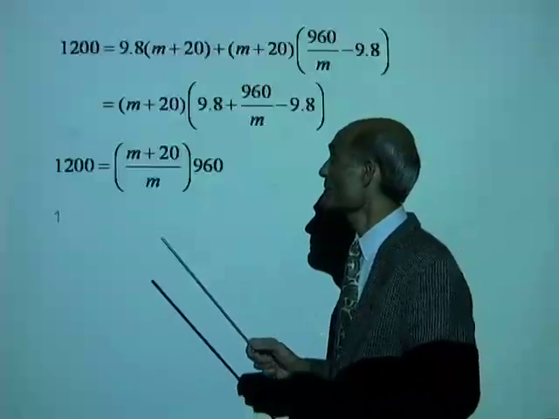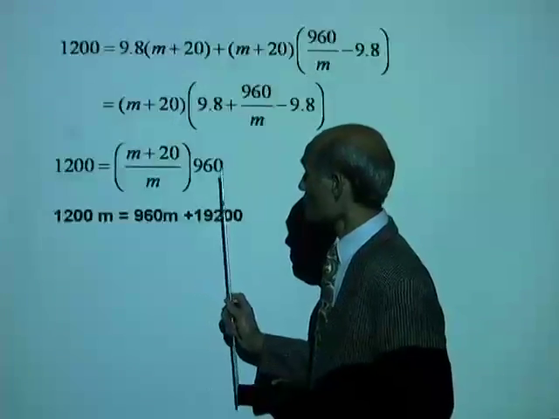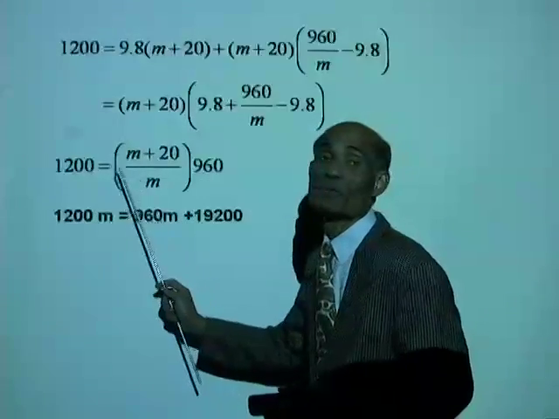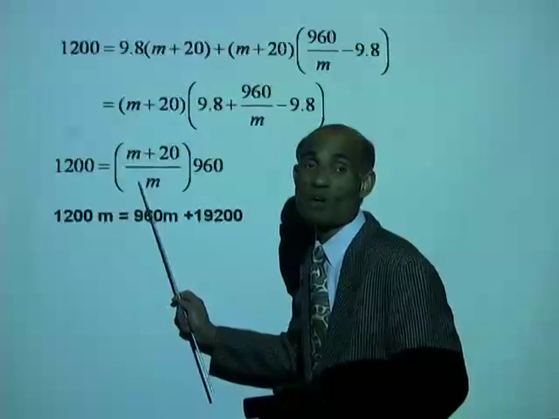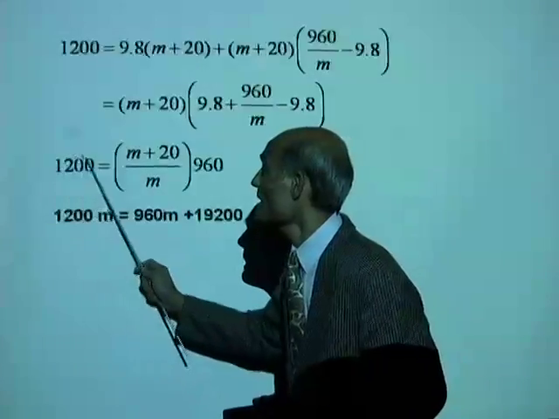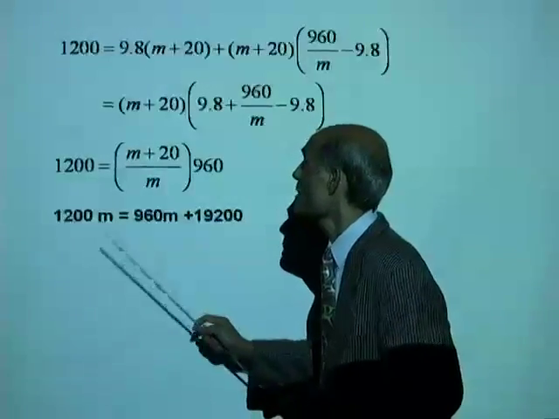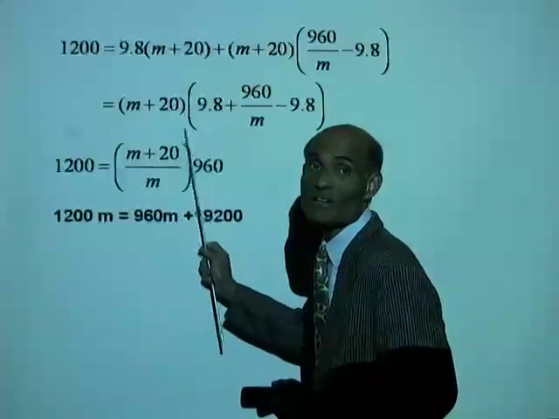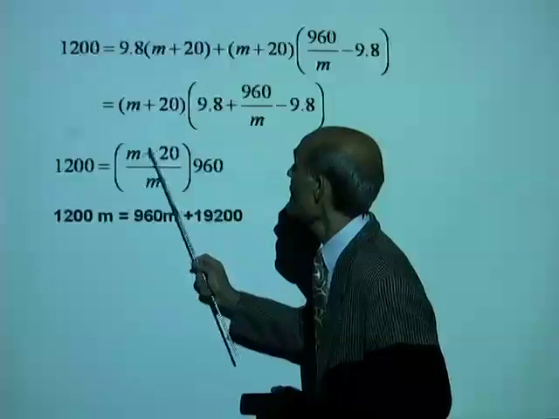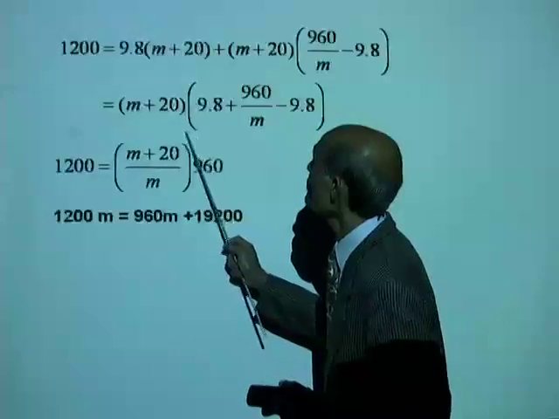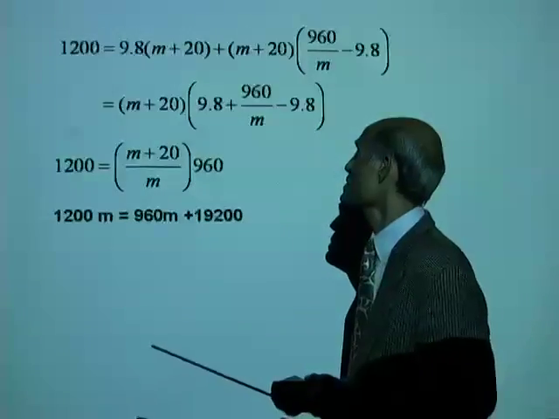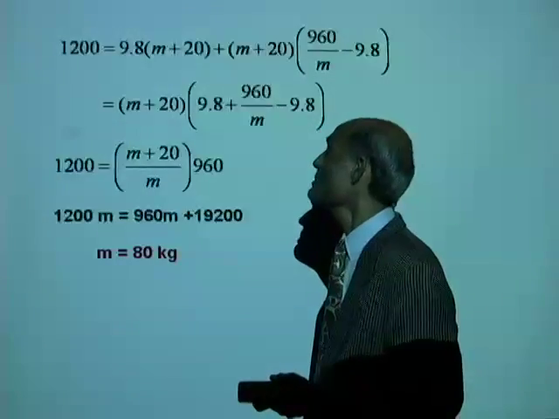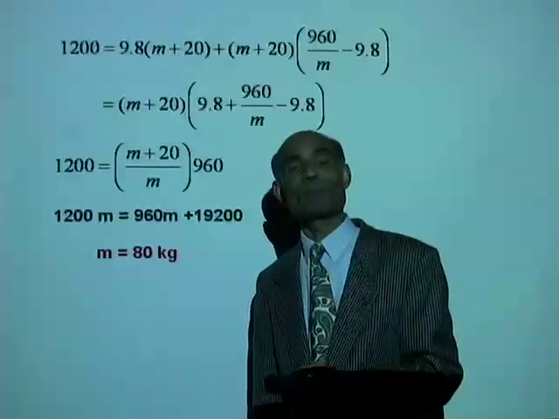I can solve it. Multiply both sides by m. On the right side m will cancel. The left side you have 1200m equal to 960m, distribute that 960. 960m plus 960 times 20, that is 19,200. And you know how to solve this now. m equal to 80 kilogram.